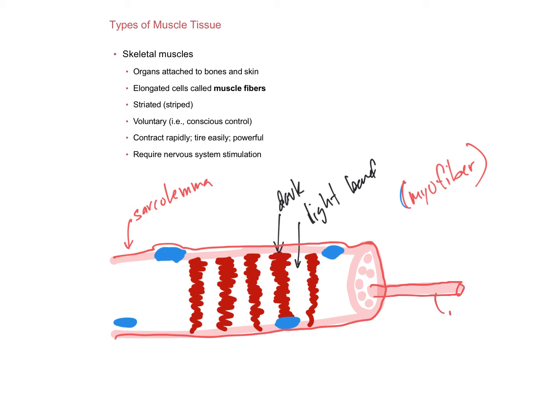One of those is called a myofibril. And on the myofibrils are your bands, the striations. The striations are made from what we call myofilaments.